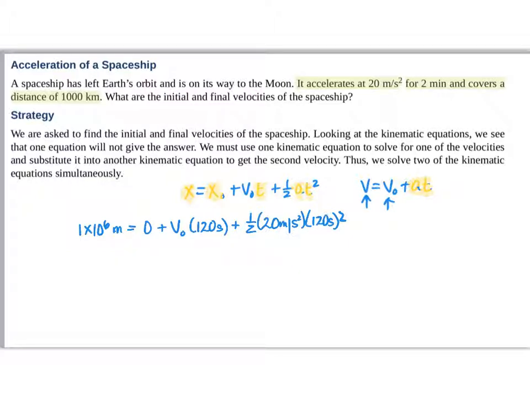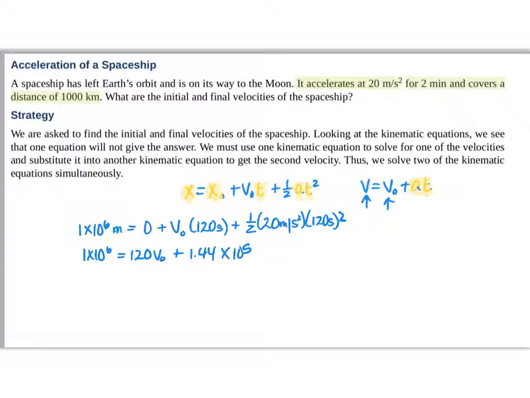So this gives us 1 times 10 to the 6 is equal to 120 v naught plus 1.44 times 10 to the 5th.